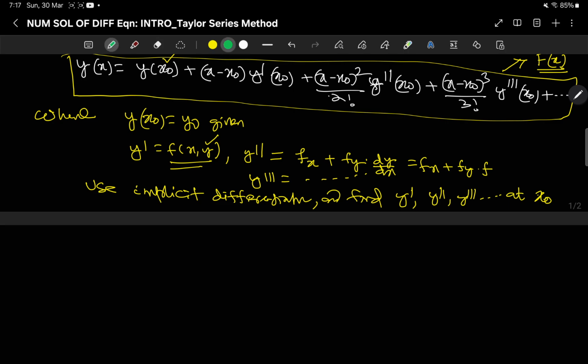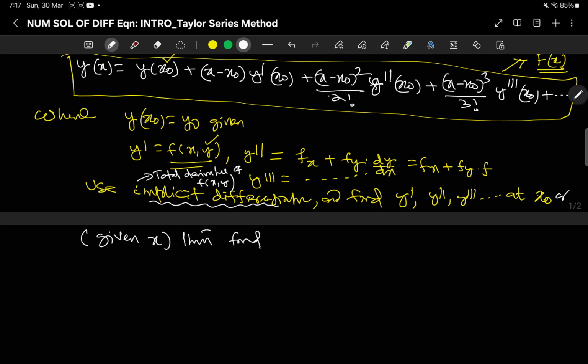Now this implicit differentiation is also called the total derivative of f(x, y). Use implicit differentiation, find this, then find y at the desired x.